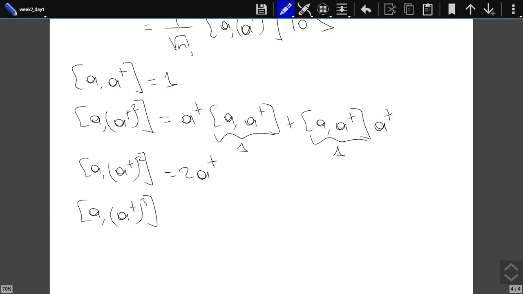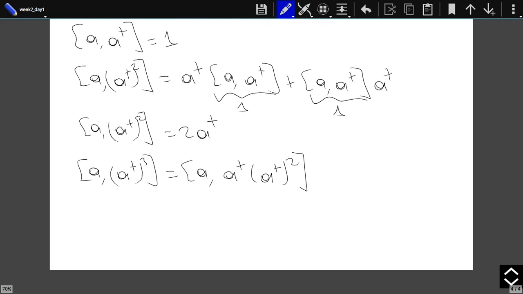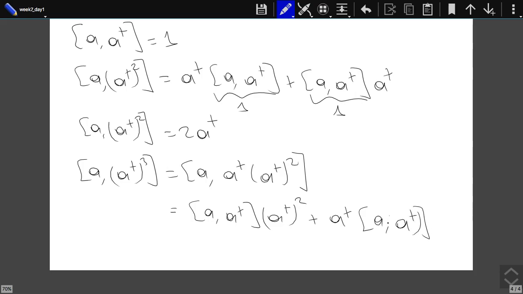The commutator of A with a dagger cubed is equal to a dagger multiplied with the commutator with a dagger squared, plus the commutator of A and a dagger times a dagger squared. Well, this is 1. This we had already calculated, that is twice a dagger.